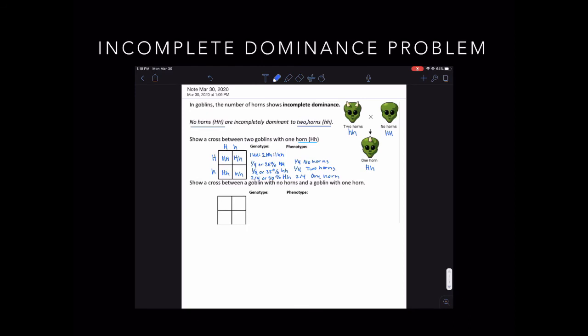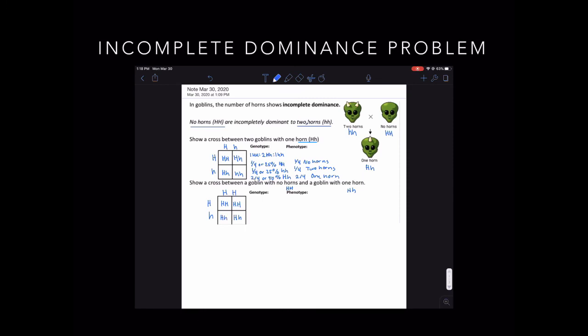Show a cross between a goblin with no horns and a goblin with 1 horn. So we take the homozygous dominant, no horns, and we take 1 with a horn, and that's the heterozygote, and we're doing the cross, and we got 2 dominant, HH.